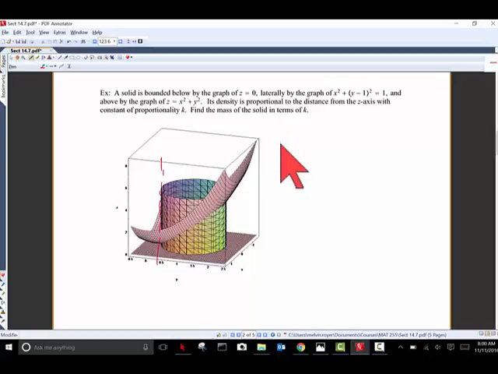All right, before we choose our coordinate system, let's write down the density. It's proportional to the distance from the z-axis. So is proportional to means equals k times the distance from the z-axis, that has nothing to do with the z variable itself.